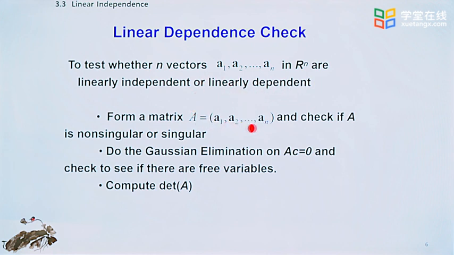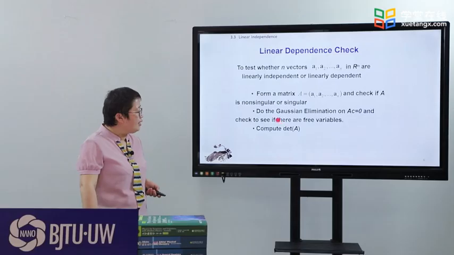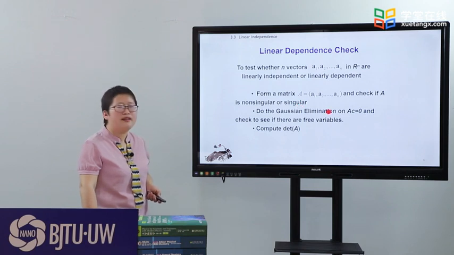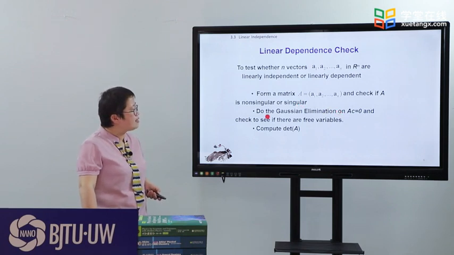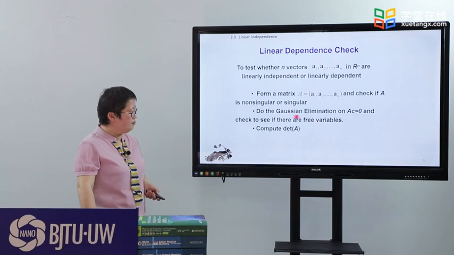This is a square matrix. And we check if A is non-singular or singular. We do the Gaussian elimination on AC equals 0 and check to see if there are free variables. If there are free variables, then they are linearly dependent. Otherwise, they are linearly independent.